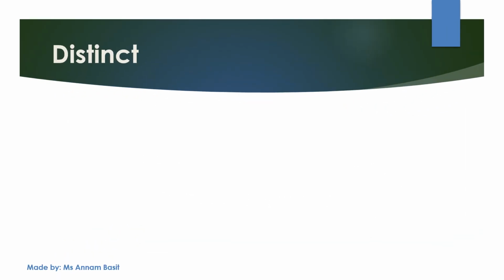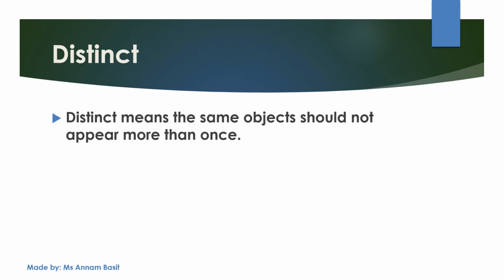Okay. Now let's talk about what distinct means in a set. How can a set be distinct? Distinct means the same objects should not appear more than once. So what does that mean? When you're writing the elements of a set, I will explain later how you can write a set, so let's just discuss this concept first.